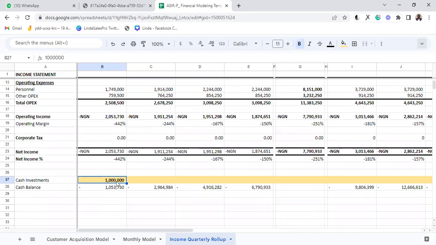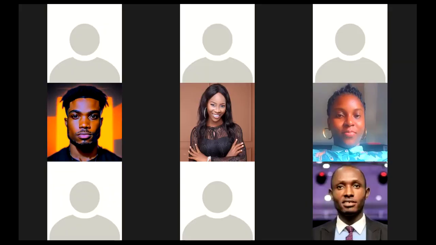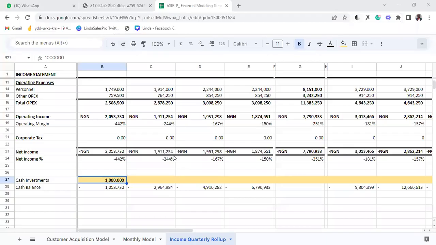So this is the assumed amount of money you are going to raise. The last thing I wanted to explain is the cash investment. So this is the amount of money you are raising for this.